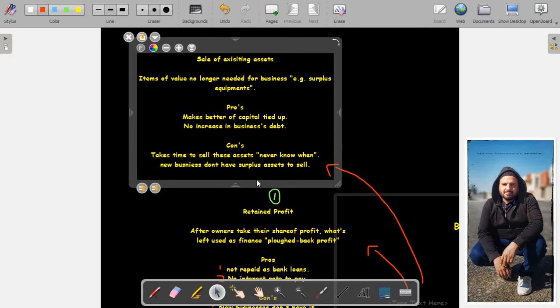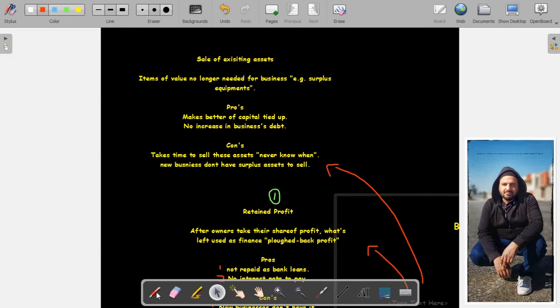So it's not ideal for small businesses. This is about the second method. This is retained profit number one. This is number two, sale of existing assets. And as for the points of advantage and disadvantage, this is advantage one and two, and this is disadvantage one and two. Okay, let's jump to the next source of finance.